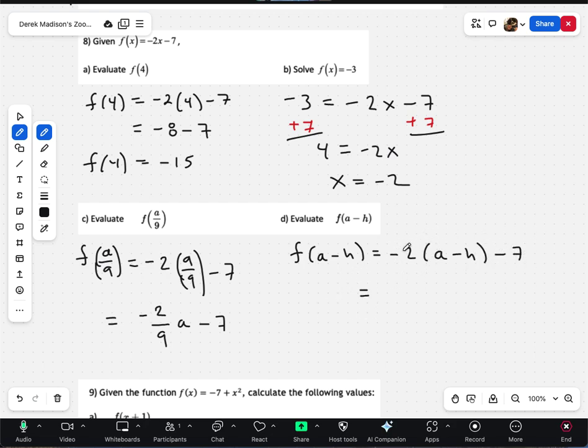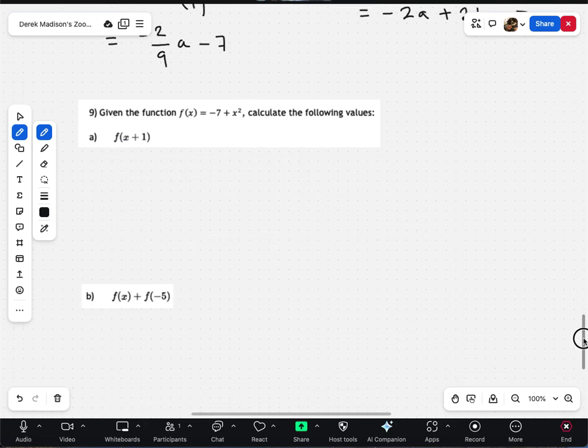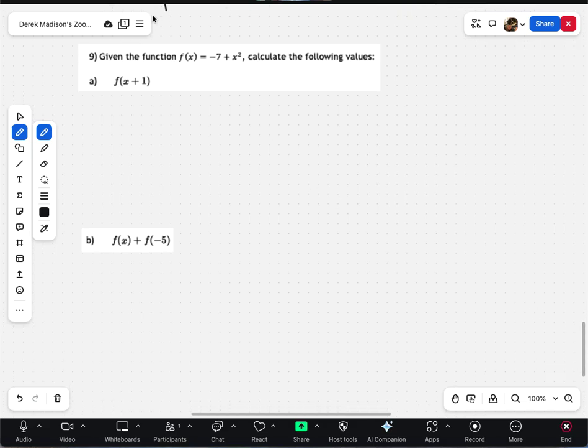And for here, we'll just go ahead and distribute that negative 2 through. So negative 2a minus and minus make that a plus 2h and minus 7. Same idea, we'll have to do a little bit more math on this one.